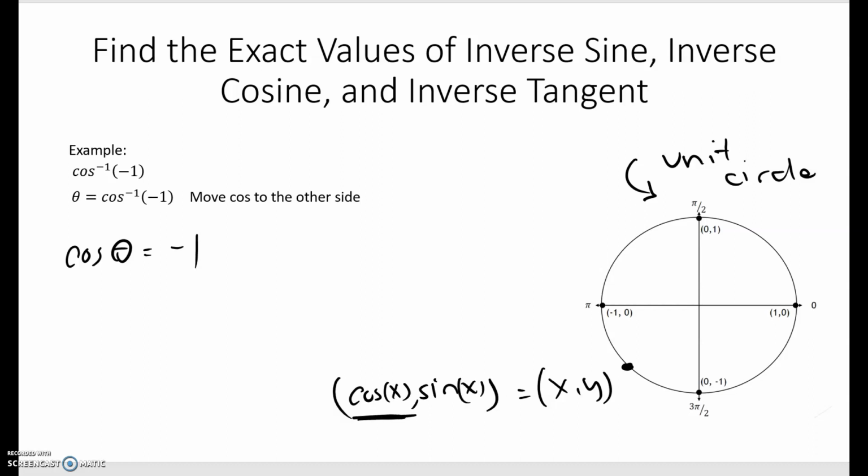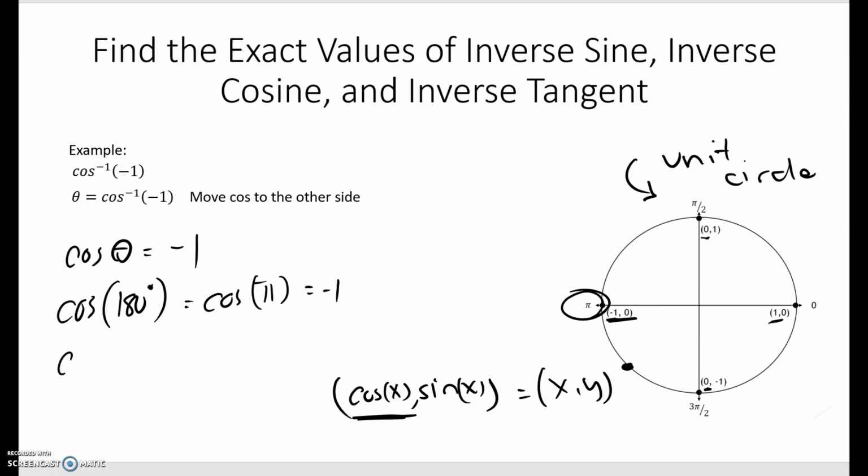So I'm looking for the first number within the ordered pair. So here's 1, here's 0, there's negative 1 right there, and there's a 0. So I need this one right here. So the angle that makes cosine negative 1 is pi, or 180. Okay, so we can say cosine of 180 or cosine of pi is negative 1. So the inverse cosine of negative 1 is equal to 180 if they're asking for degrees, or pi if they're asking for radians.